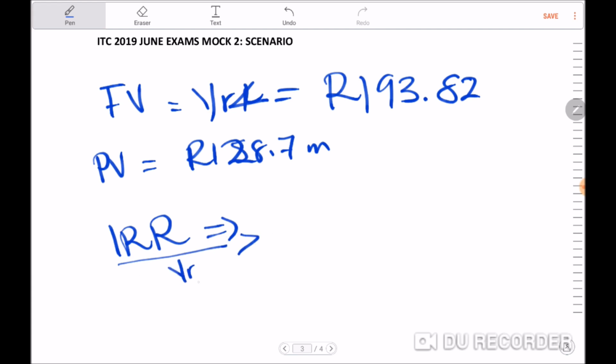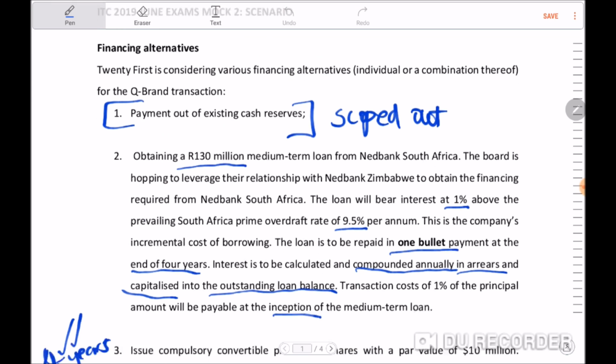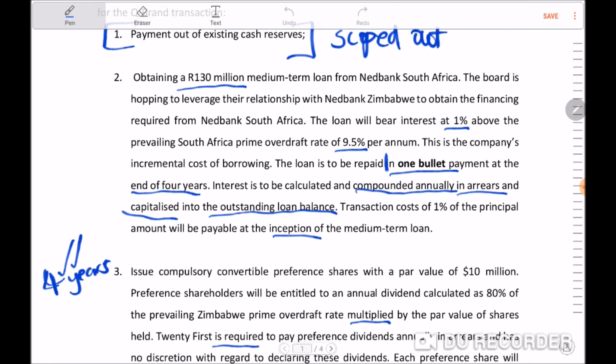I have a cash inflow in year 0 of 128 million. From year 1 up to year 4, in terms of the interest payments, I have a 0. Why do I have a 0? Because if I go back to the scenario, the key guiding word is that the loan is to be repaid in one single bullet.